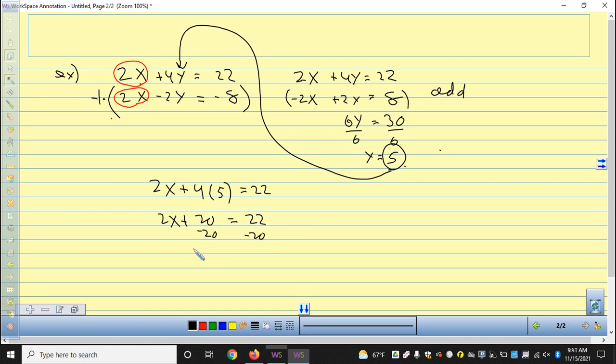Subtract 20. 2x equals 2. Divide by 2, and x equals 1. So my solution is the point (1, 5).